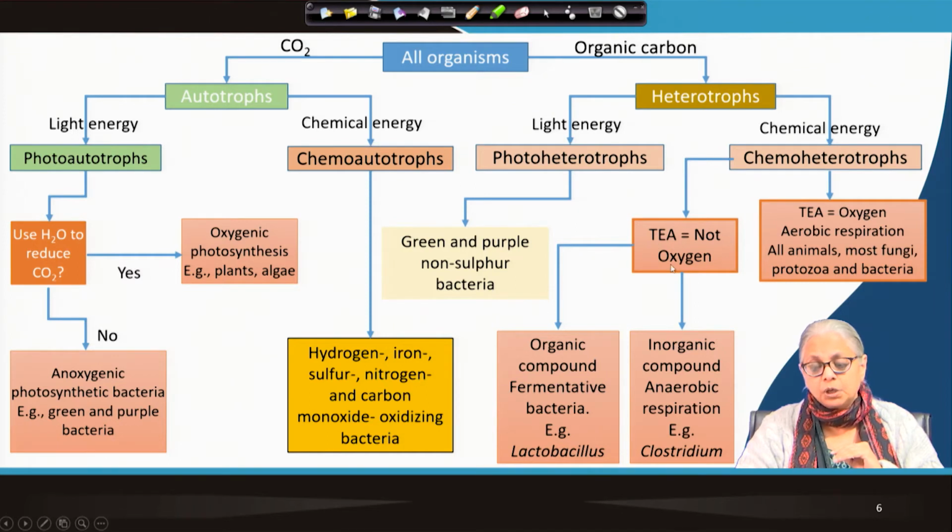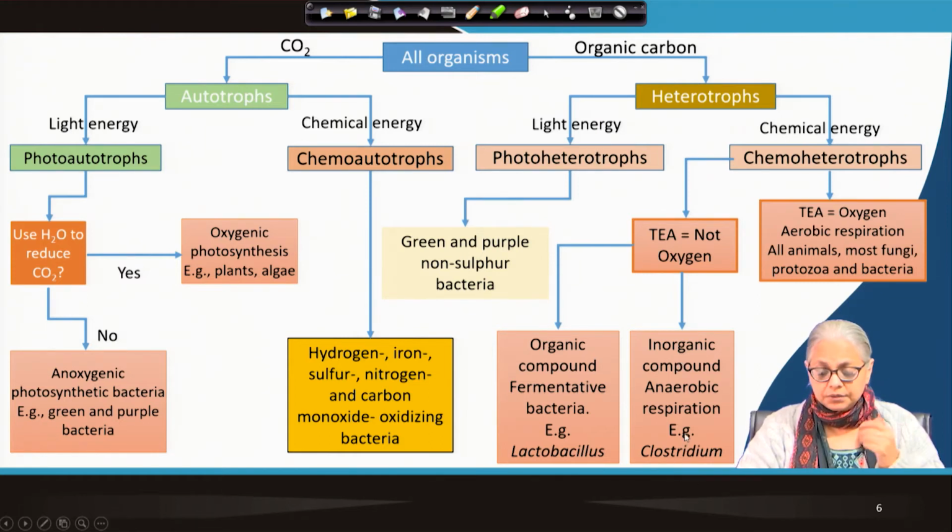Where you have no oxygen, there are two possibilities again. We have anaerobic respiration, where inorganic compounds serve as the terminal electron acceptor. We will again go into all these details in subsequent topics.